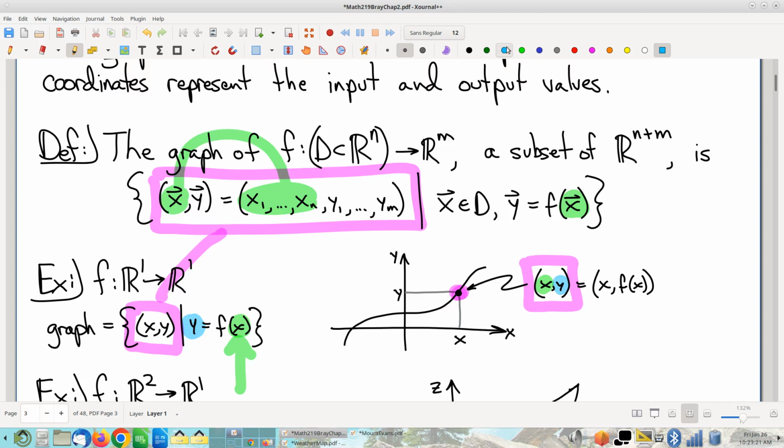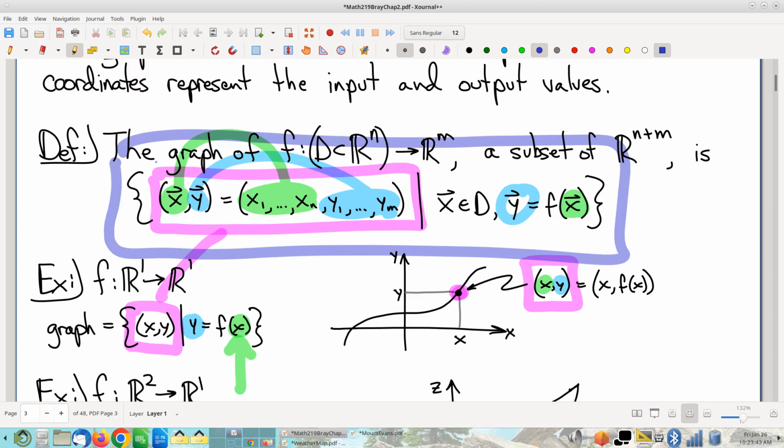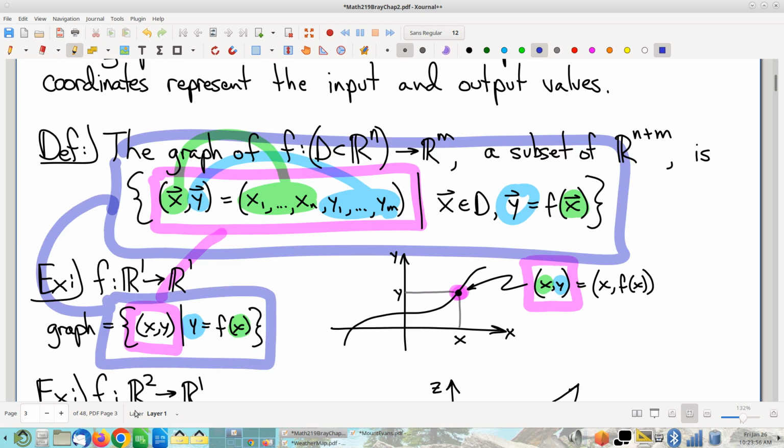And then we plug them into the function. Out comes some outputs. Those outputs, right? Well, there's now a bunch of outputs, not just the one coordinate, but several coordinates in the output. And so again, same deal. You'll notice that this definition is just take all the input coordinates and all the output coordinates, kind of smash them together and make points. Those are points that are on the graph. So this definition is just, I'm going to say, a shameless ripoff of this definition right here. Color coding intended to demonstrate the analogy.